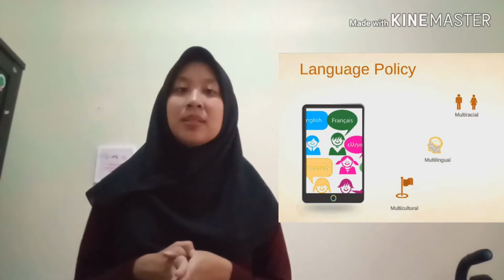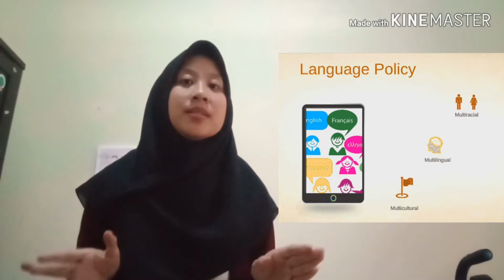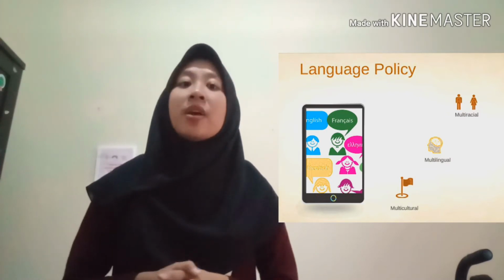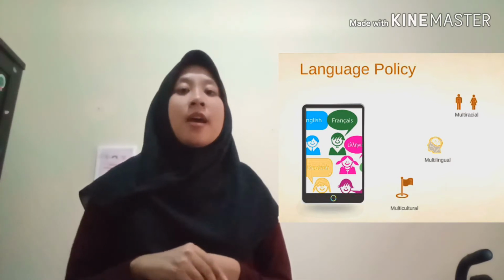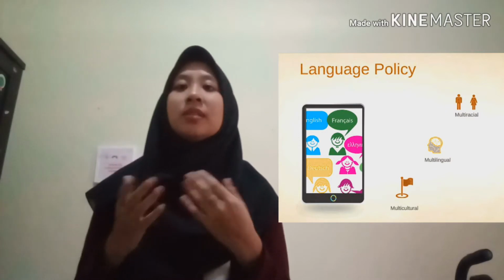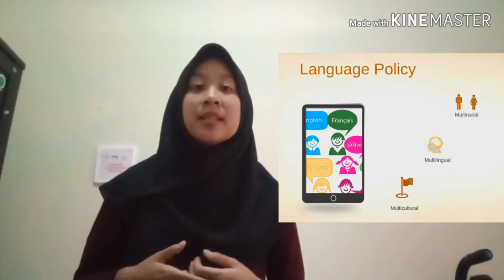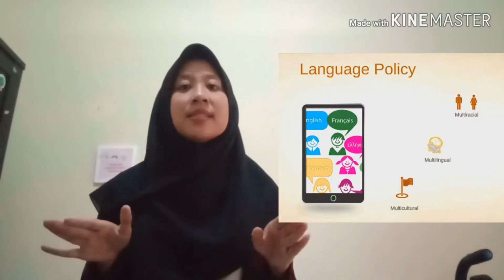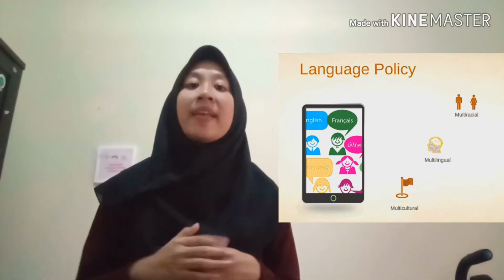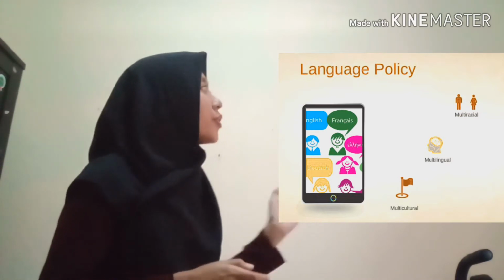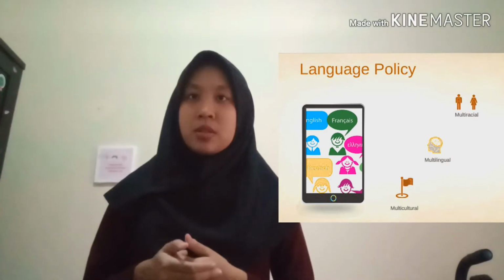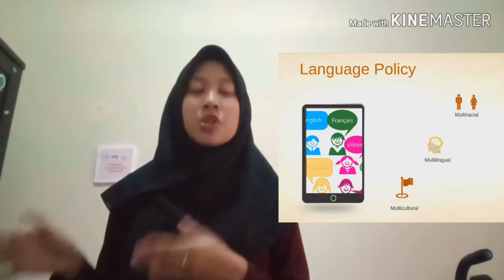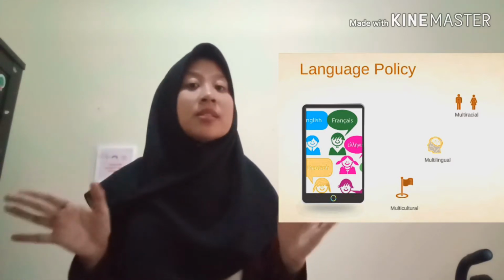What is multilingual? It means that many languages and varieties of language are used in a certain region. The second is multiracial. It means the existence of many varieties of ethnicities. And the third is multicultural, which means various cultures in the country.